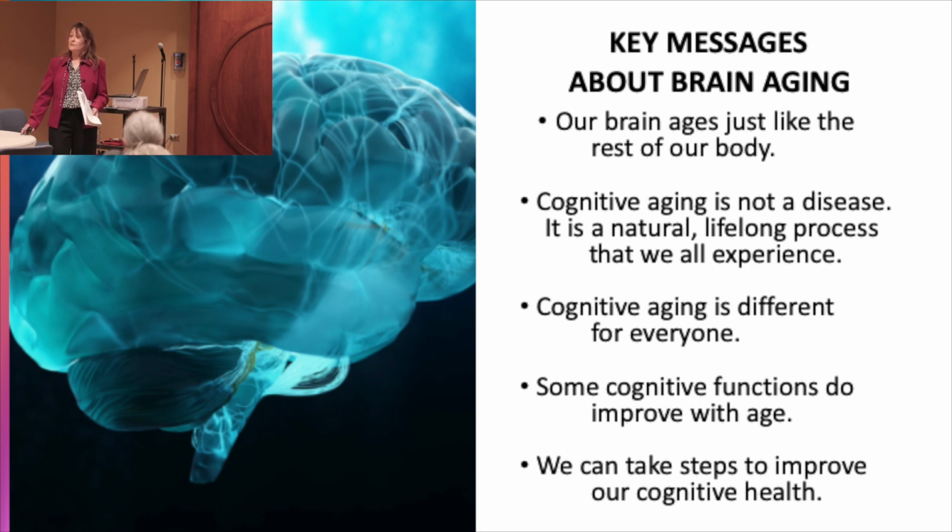So some cognitive functions do improve with age. And you might say, okay, what are those? Well, wisdom and knowledge increase with age. The size of vocabulary usually increases, and reading and verbal reasoning skills also improve. Happiness follows a U-shaped curve, with people reporting they are happiest when they're in their youth, less happy in mid-life, and then become happy again towards later life.